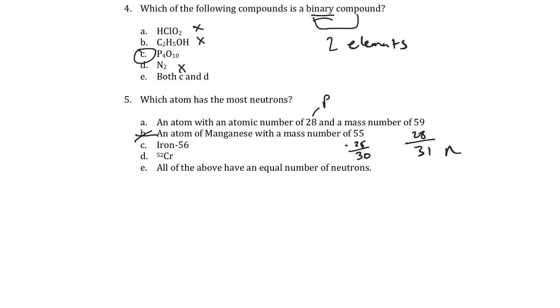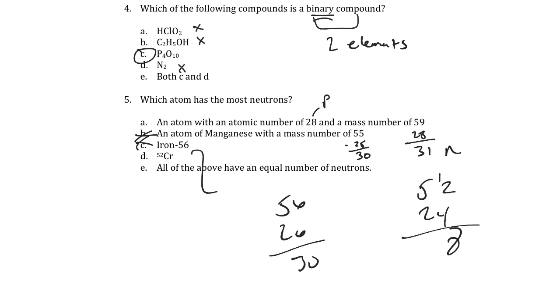So it's not B. Iron 56: iron's atomic number is 26, so with a mass number of 56 it would have 30 as well, so it would match B's count. Chromium 52: chromium is element number 24, so 24 from 52 would be 28. So the answer here is A, the one with the most neutrons, because it has 31.